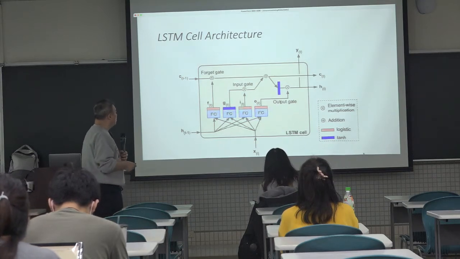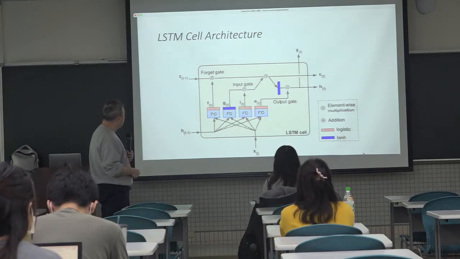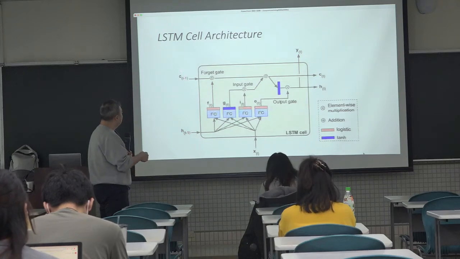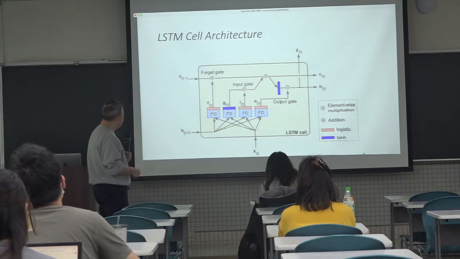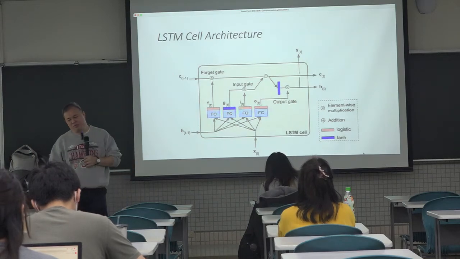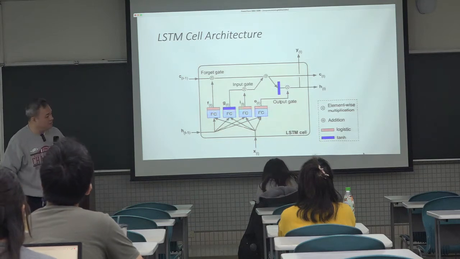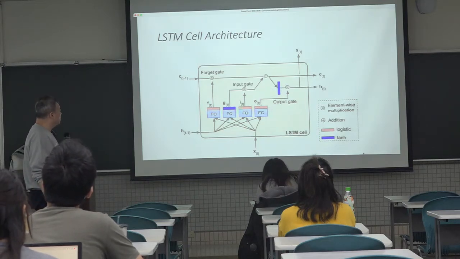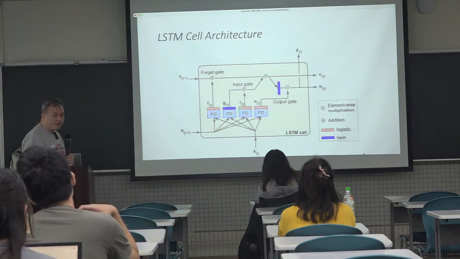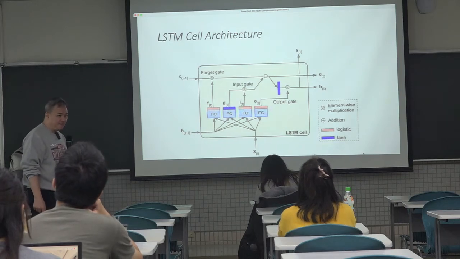So you have a C, you have an H. C and H represent the states of this LSTM cell. So what's the difference? C stands for the long-term state.